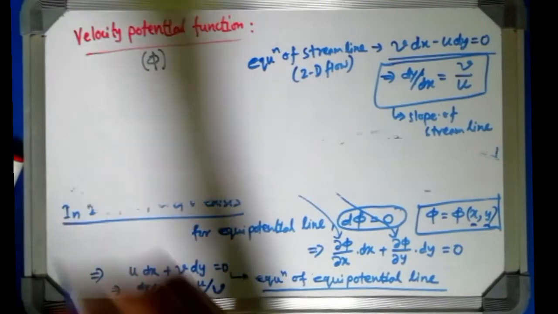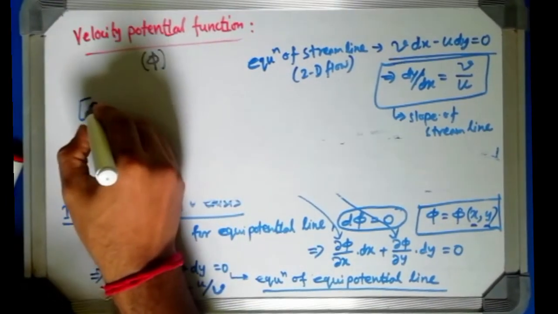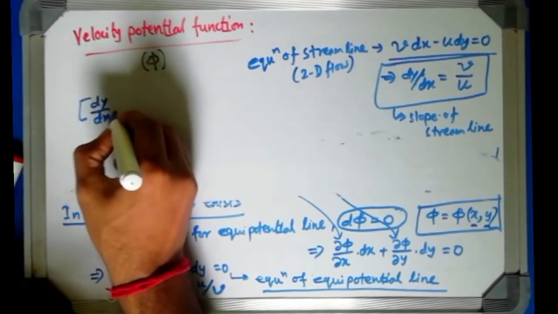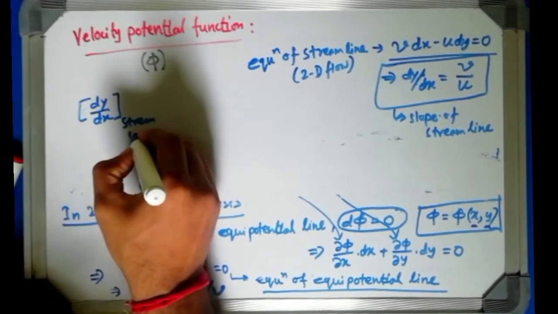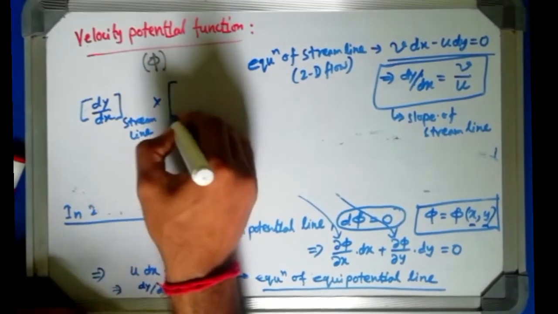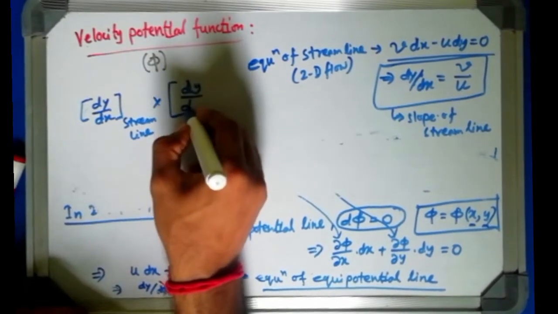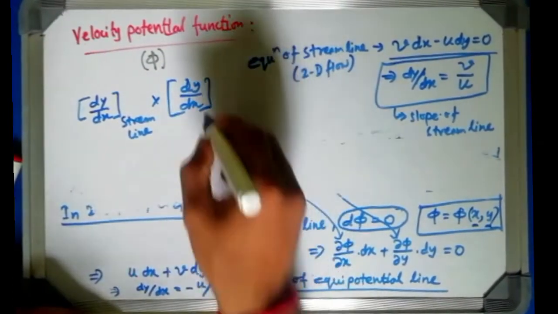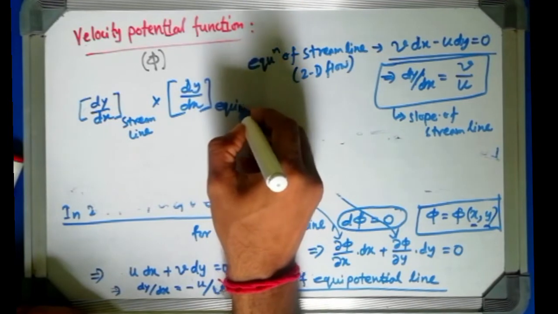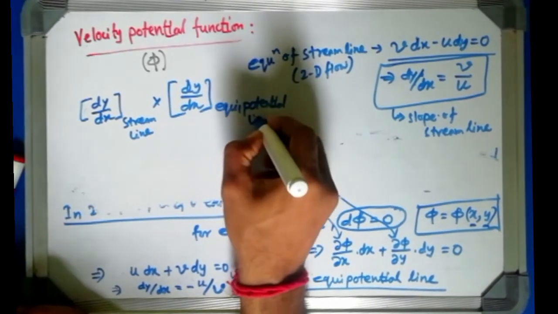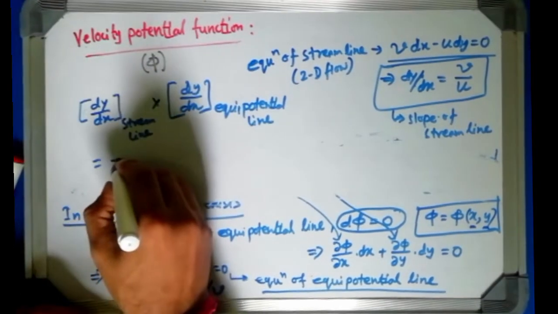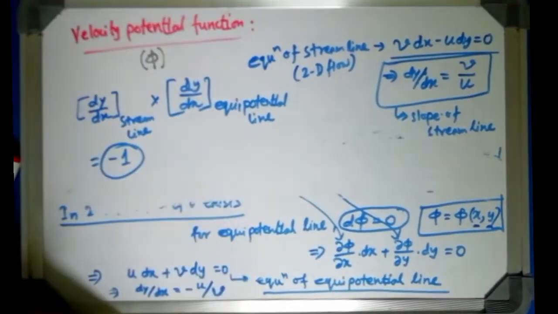It's very important. If we take the product of these two slopes, dy dx of the streamline multiplied with dy dx of the equipotential line, what does this give you? Minus 1.